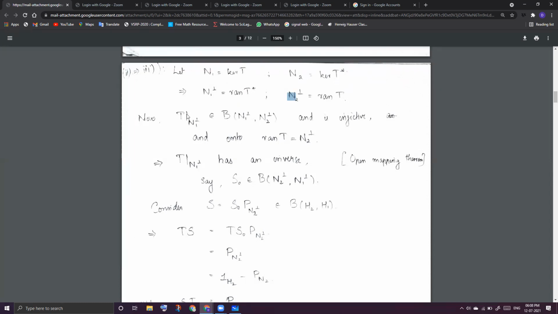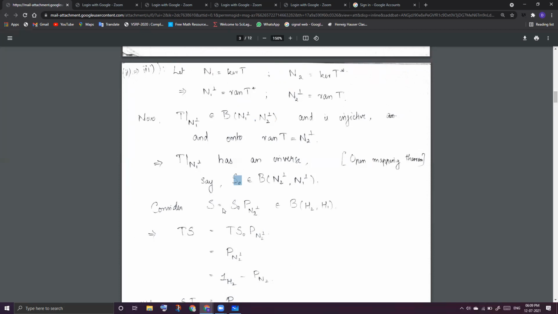So what I'm doing is we restrict T to N1 perp, the range of T star, and since it is perpendicular to N1, the kernel of T, it is injective, and we restrict the image to N2 perp. Again, this is a closed subspace and it's a Banach space. So we have this injective operator that is surjective. By the open mapping theorem, it has an inverse S0.